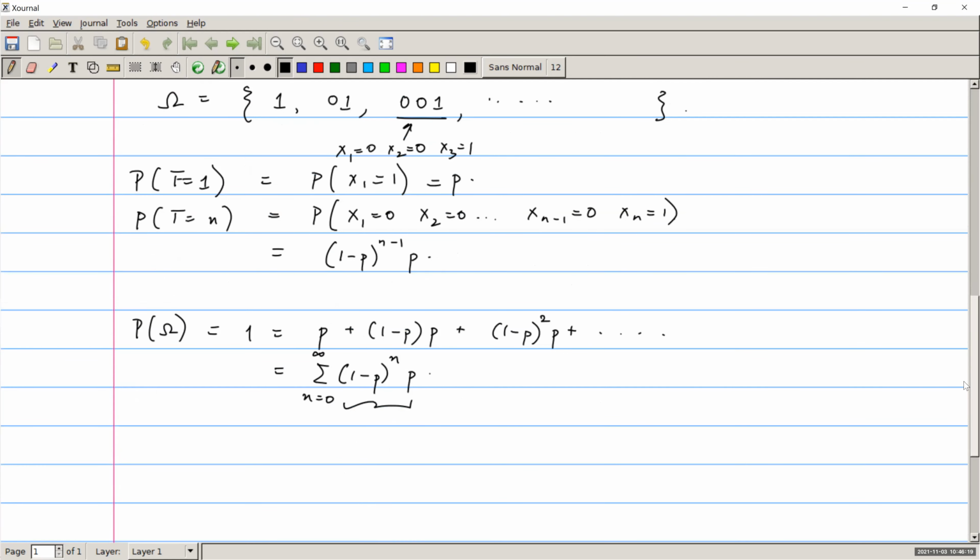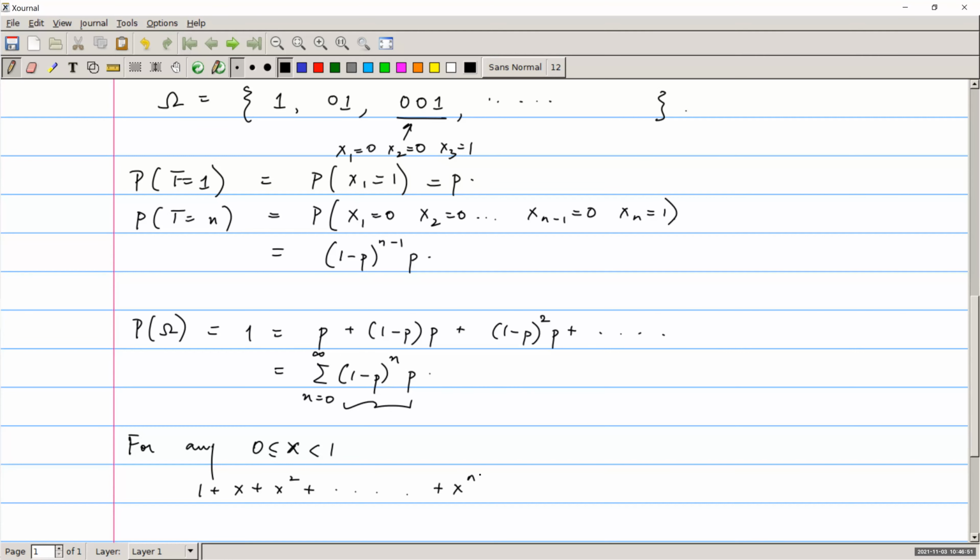But just in case, for any x strictly less than 1, what is the sum of 1 plus x plus x squared all the way to infinity? Tell me, what is this?